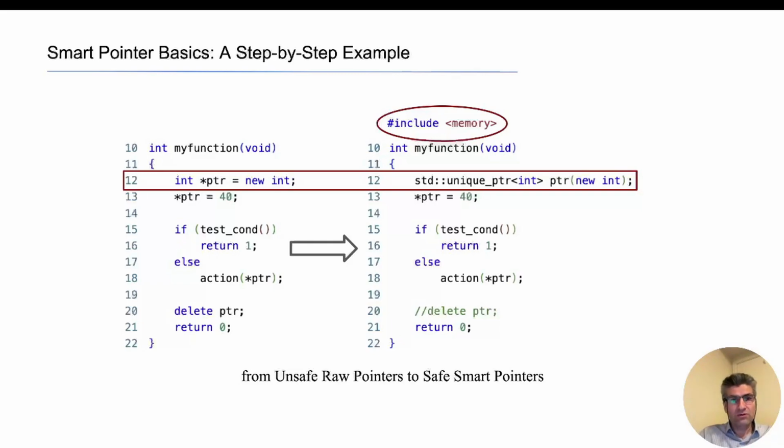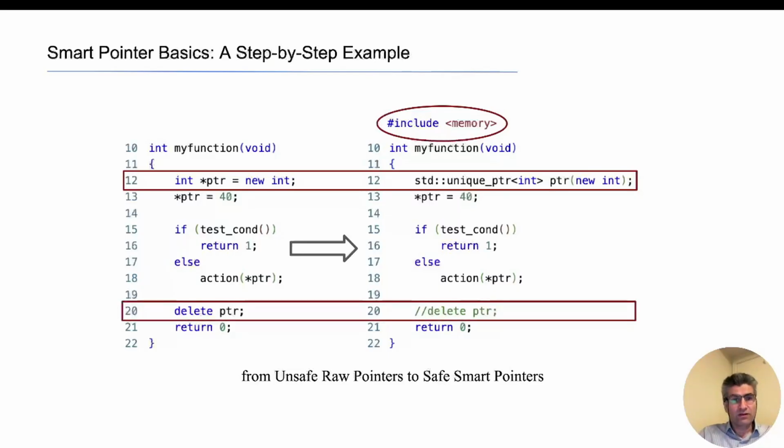Both are pointing to a memory block on the heap, but the key difference is how the block is managed. In the raw pointer version, we must remember to call delete ptr to free that memory when we don't need it anymore. If we forget or if the function exits early, that memory is leaked.